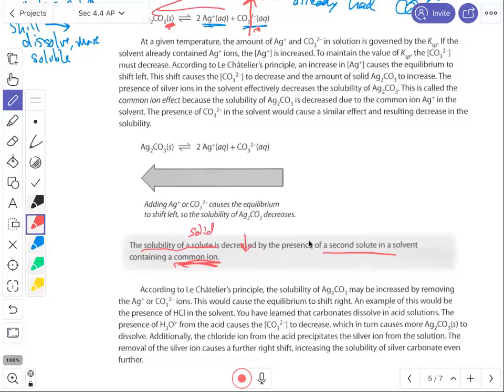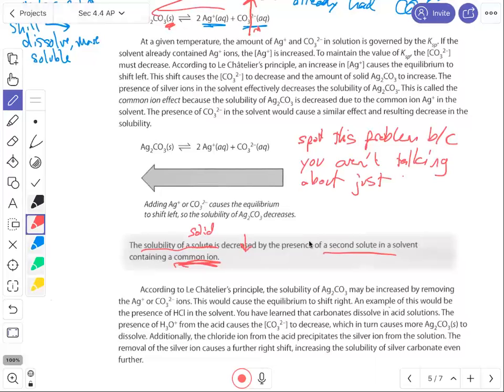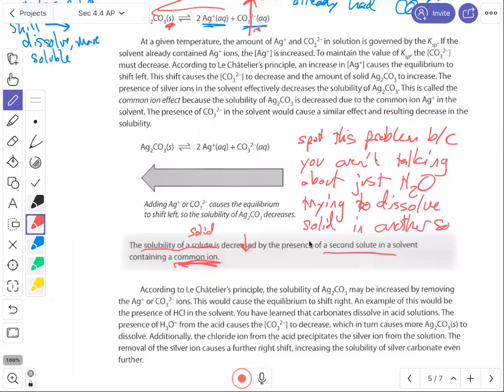The only way to spot this problem is because you aren't talking about just water. You're trying to dissolve your solid in another solution. That's how you're going to recognize you have a quote unquote common ion problem.